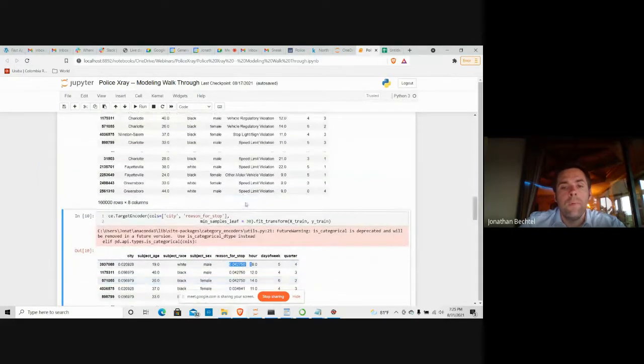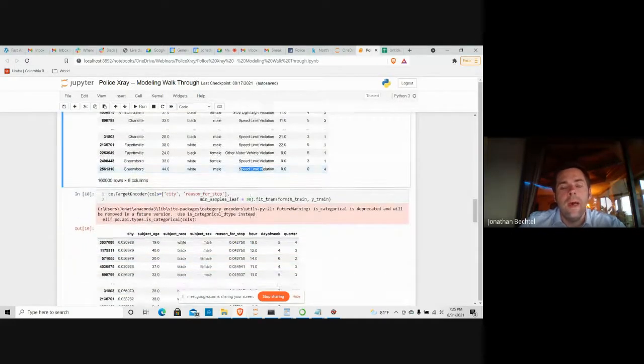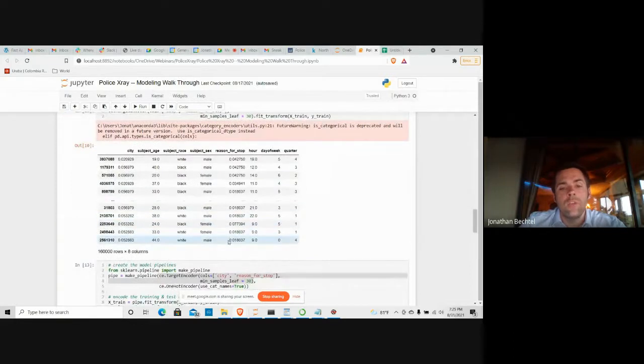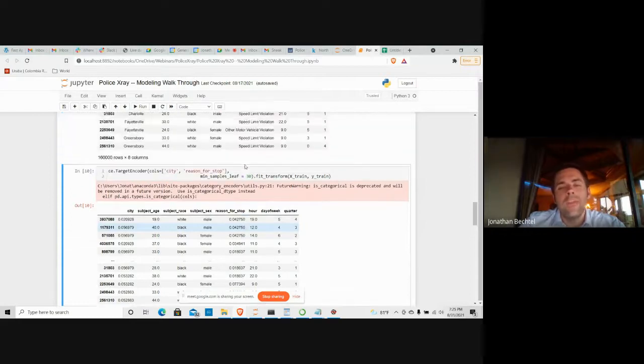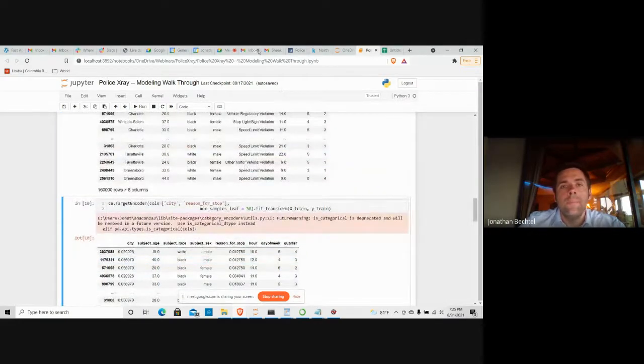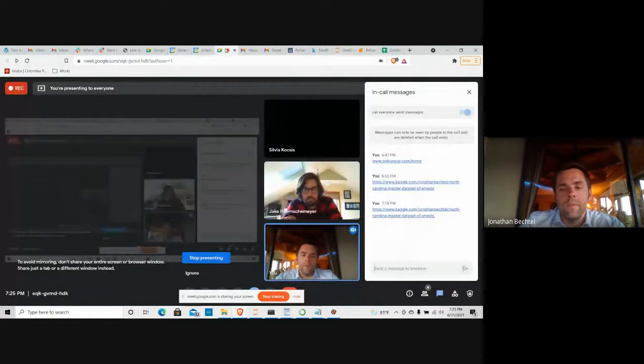And for people who get pulled over for speeding, the average search rate is 0.018. So it's just a different way of transforming categorical values into numbers. Sometimes it can actually be a little more accurate than standard one-hot encoding.